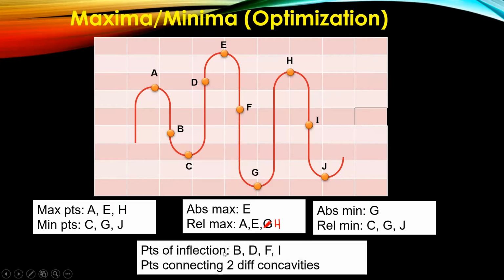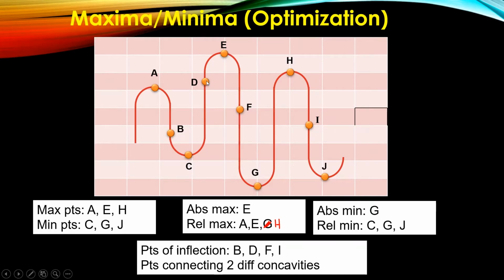They are what you call the points of inflection. What's a point of inflection? They are points containing two different concavities, or in between concavities. Look, on the left side of B, it's concave down because it's opening down. On the right side of B, it's concave up because the graph is opening up.